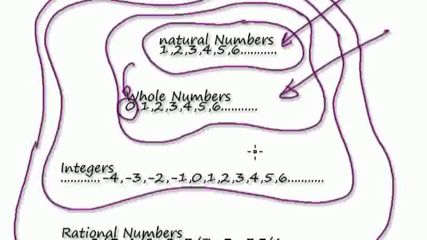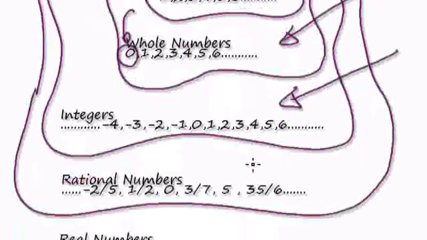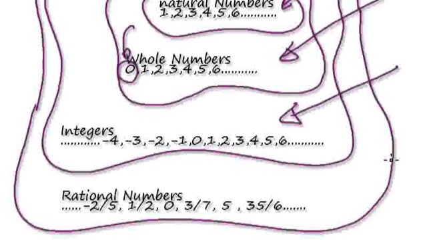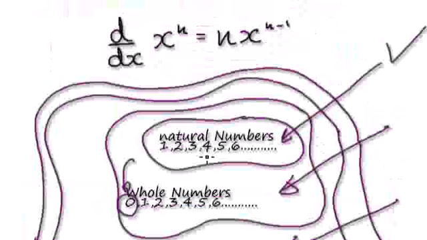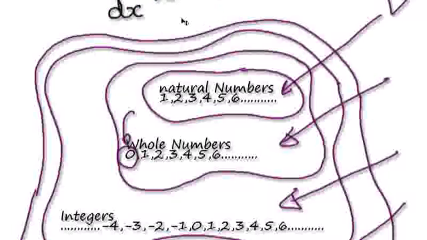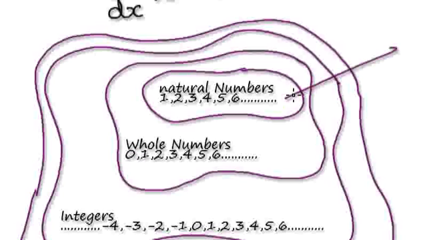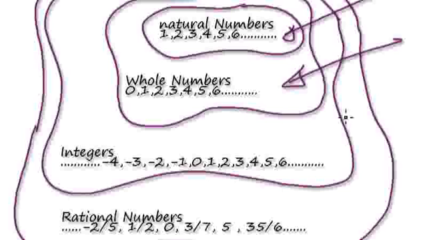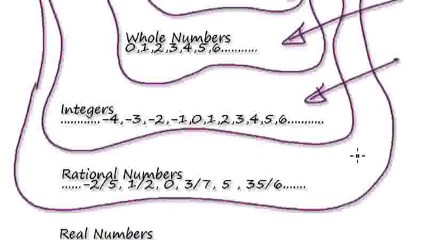But then to enter the negative realm, we had to use the quotient rule. And then for a rational number, we had to use implicit differentiation to prove that the power rule works even if this is a rational number. Okay, so binomial expansion proves this, quotient rule proves this here, and implicit differentiation proves this here.